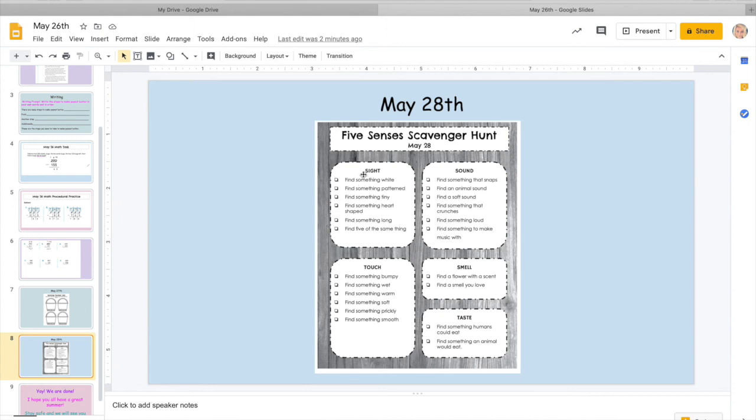So for instance, sight, if you find something white, you can check that off. For sound, if you find something that snaps, check that off your list. For smell, find a flower with a scent, check that off. For touch, find something soft, you can check that off your list. And finally, for taste, if you find something an animal would eat, you can check that off your list.